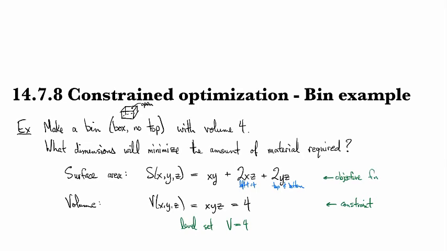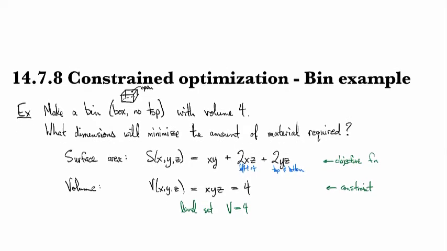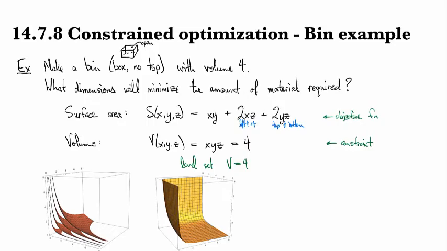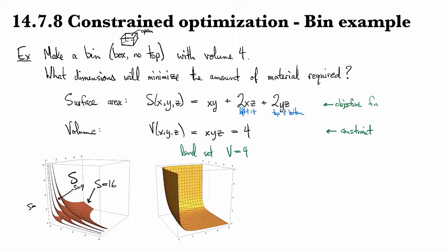Okay, and to give you a bit of an idea of what this looks like, let me bring in some plots. Here's a plot of some level surfaces of S. So on this surface right here, S is equal to 16, and then this one here is where S is equal to 9, and then where S is equal to 4, and then where S is equal to 1.